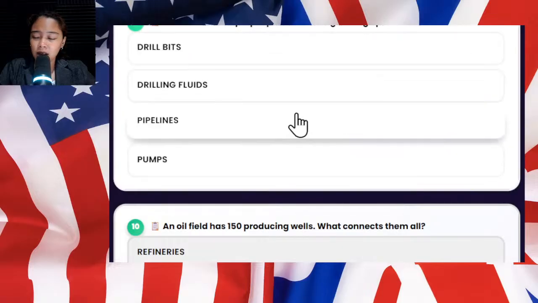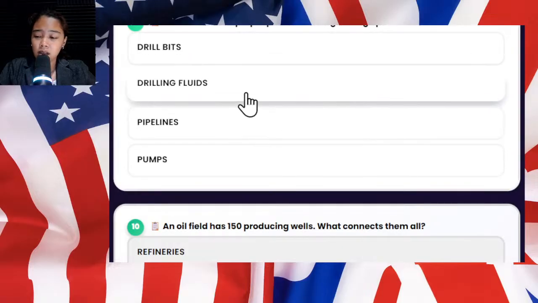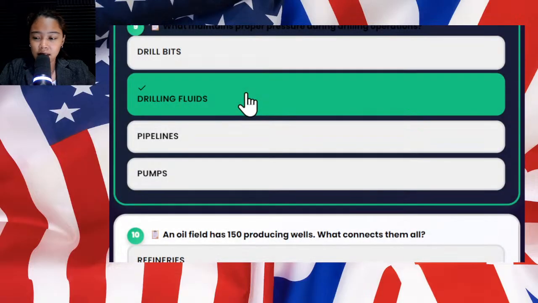So it remains that our answer should be drilling fluids. Okay, that is correct. Now, what is a drilling fluid? This is a fluid that we use to cool down the drill bit because when we use the drill bit and cut rocks, it creates tension, and this immense friction is very hot.